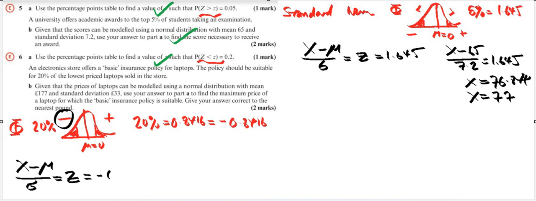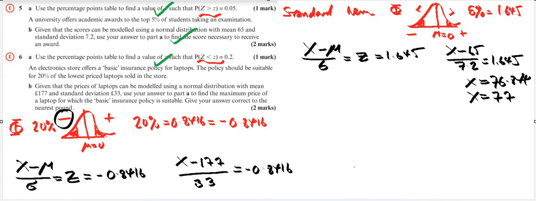Z was negative 0.8416. So x minus 177, which is our mean, divided by 33, which is our standard deviation, equals minus 0.8416.